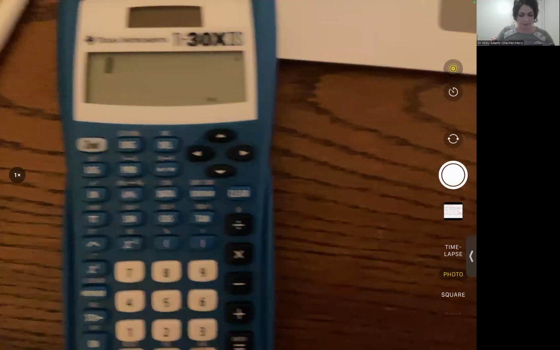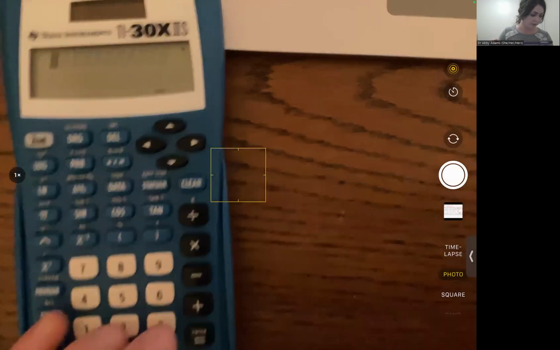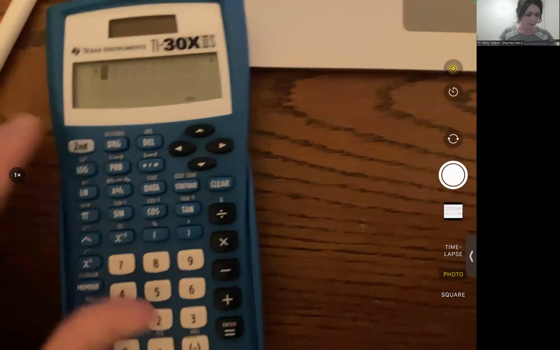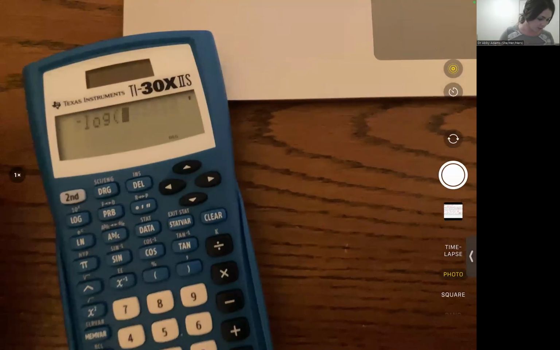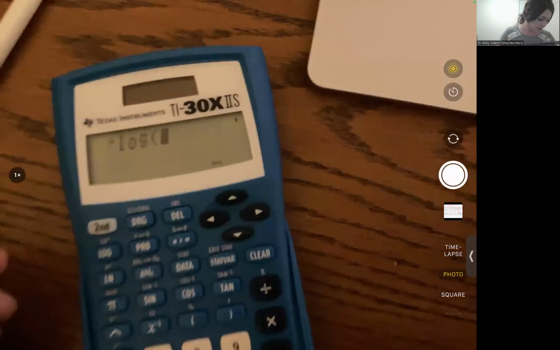Let's see. So how am I going to do this? I need negative log for my equation. So negative, and you can find the log button here, negative log of, and I'm going to enter my ions that I know the concentration for.